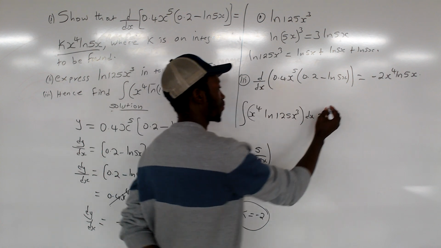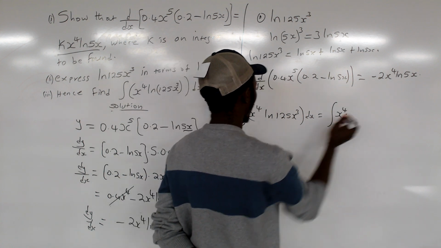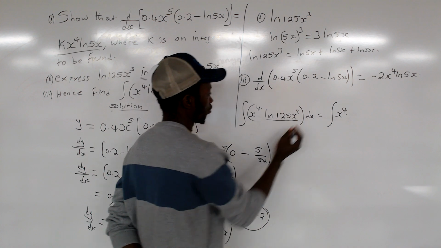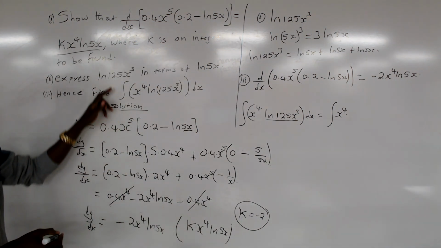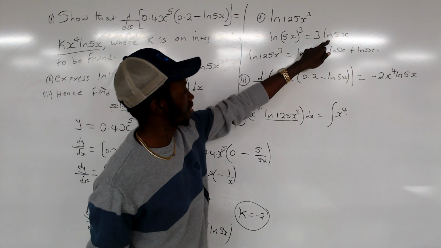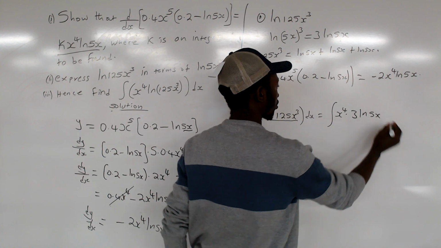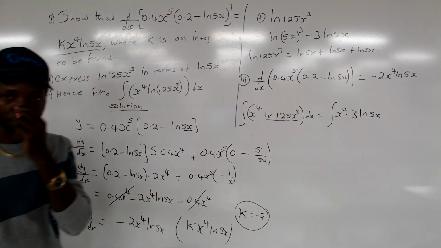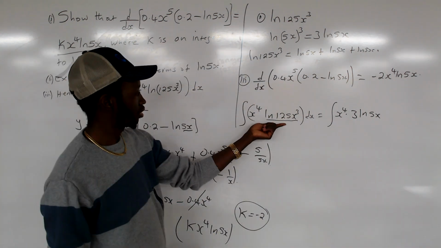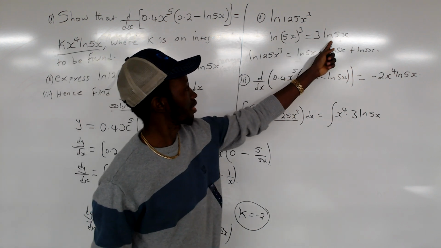But this can be written as x raised to the power 4 times this value. ln 125x to the power 3, when simplified, is 3 ln 5x.